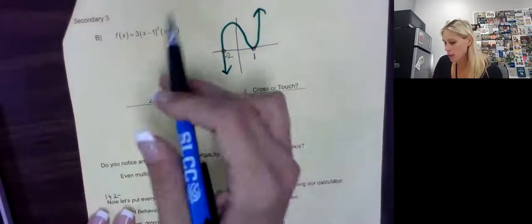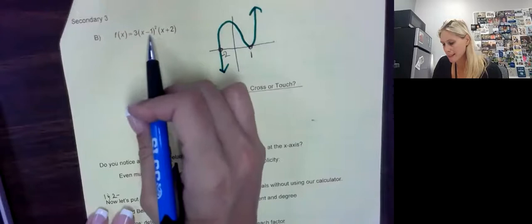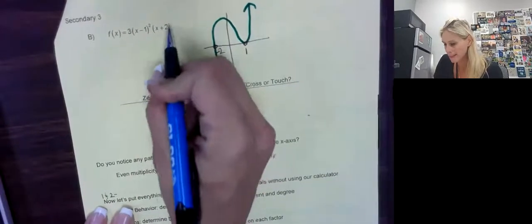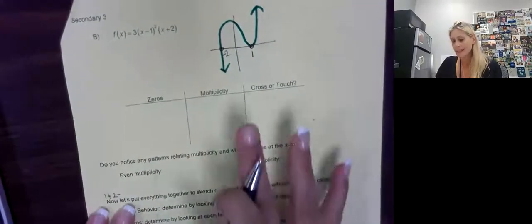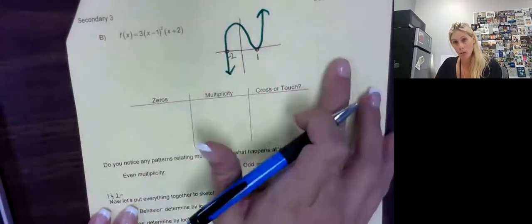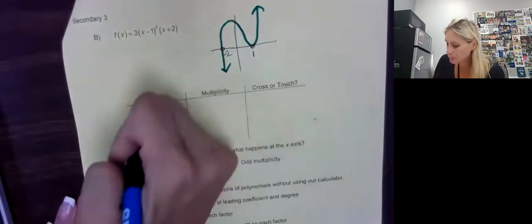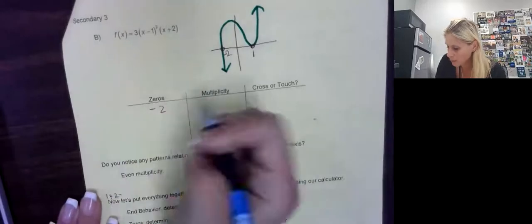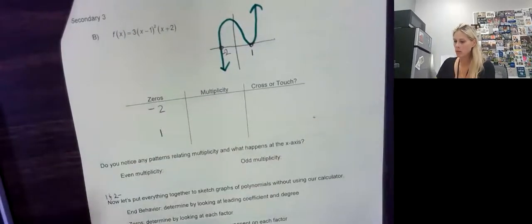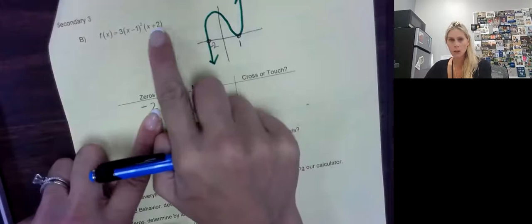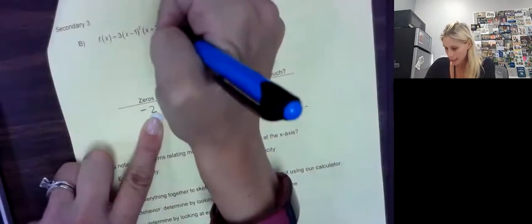This makes sense, of course, according to our zeros, right? What makes this 0? Well, 1 does. What makes this 0? -2. Like I said, better to put it in order. This will be for future use. So we have a 0 at -2, a 0 at 1. Well, let's go back. The -2 comes from here. What's this exponent?